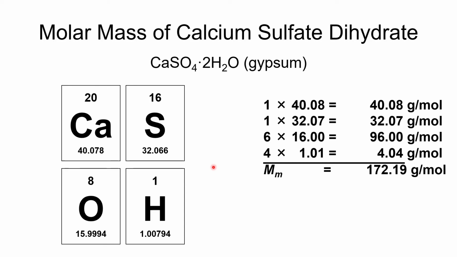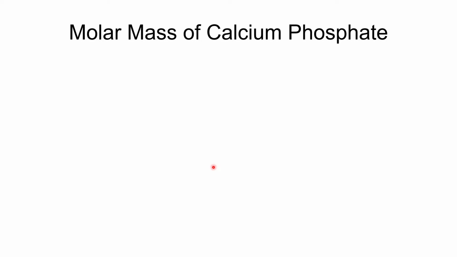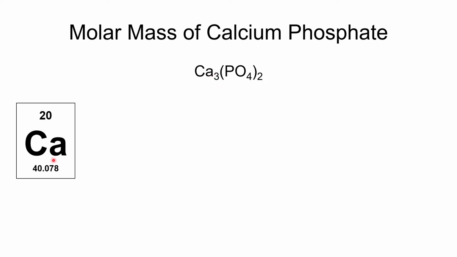Let's do another one, and then we will do some calculations on the in-class assignment. So now we want to calculate the molar mass of calcium phosphate. I picked this one on purpose because of the parentheses, and I want to make sure that everybody gets what we're doing here. Again, calcium, we've got 3 of those, so 3 times 40.08 comes out to 120.24 grams per mole.